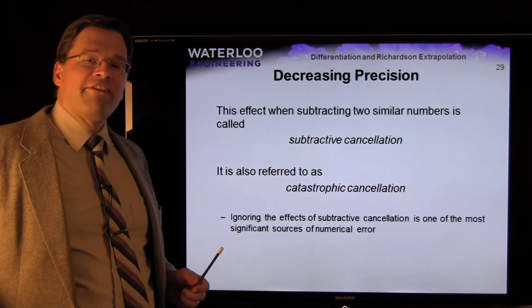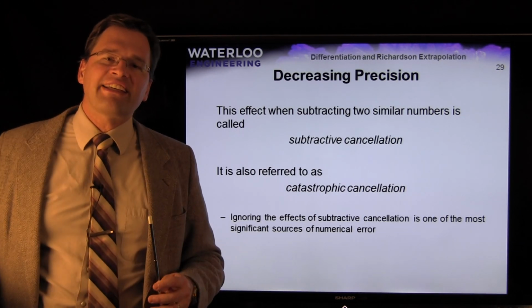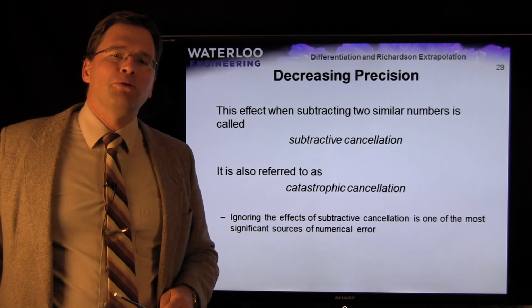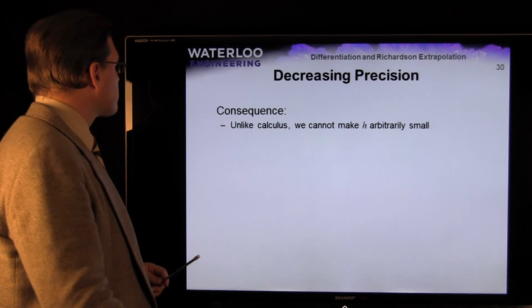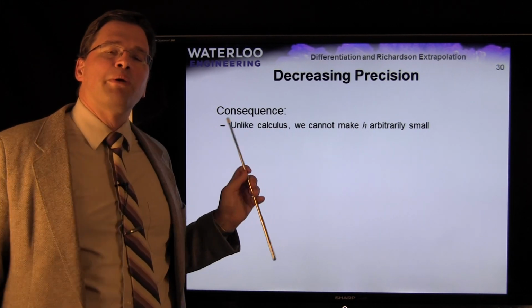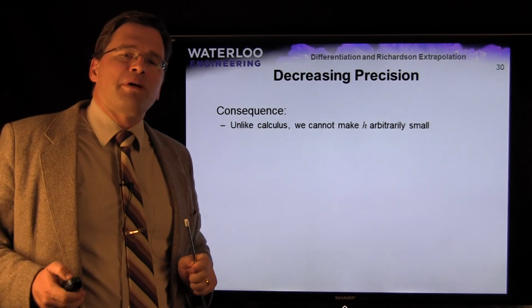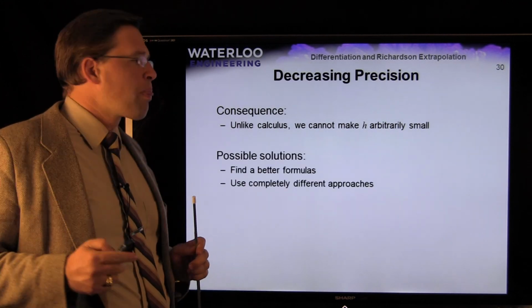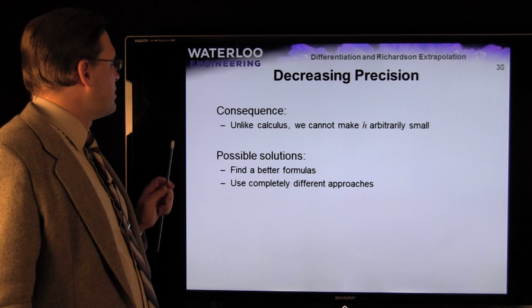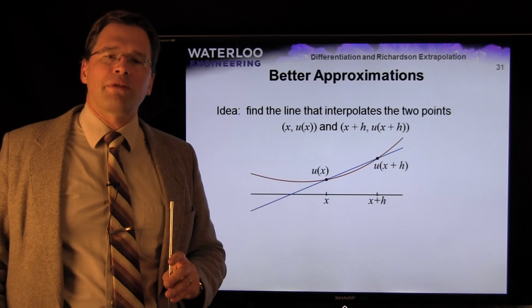So ignoring the effect of subtractive cancellation is one of the most significant factors affecting numerical approximations. So as a consequence, unlike calculus, where we can make h arbitrarily small in the limit, with double precision floating point numbers, we cannot. So we need different solutions. We need either a better formula or a different approach. Well, we're actually going to see both.